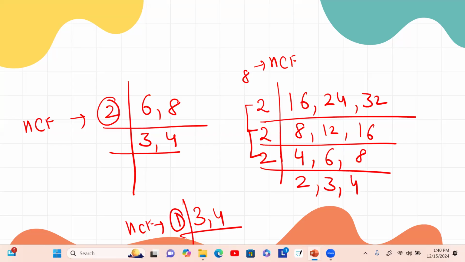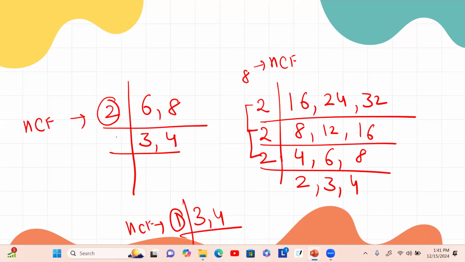Now suppose I have to find LCM. Look, if you have to find LCM, whatever you did in HCF, you have to do that. Like if I have to find the LCM of 6 and 8, I will go up to here. There are a few more steps. I won't stop here. I'll keep on dividing till I have no numbers left, or only ones. What do I mean? 3 and 4 are not divisible by a common factor, but individually they are divisible by 3 and 4.